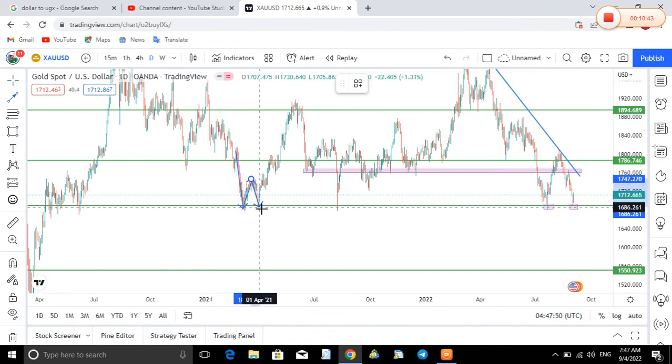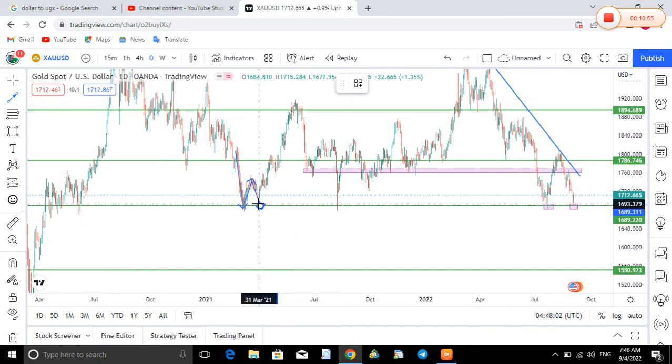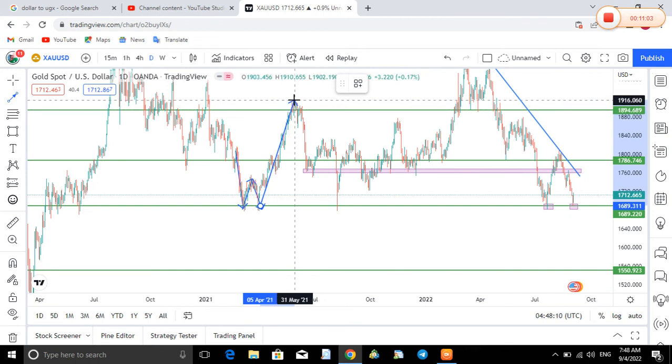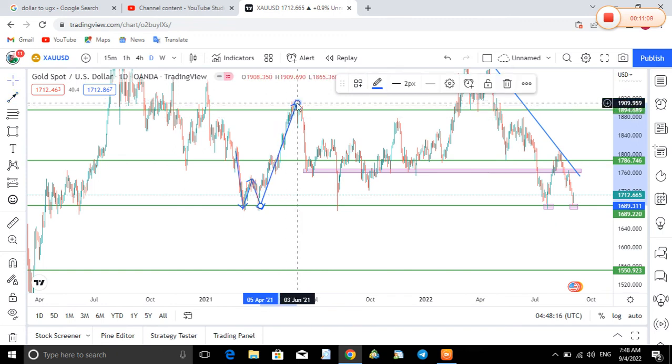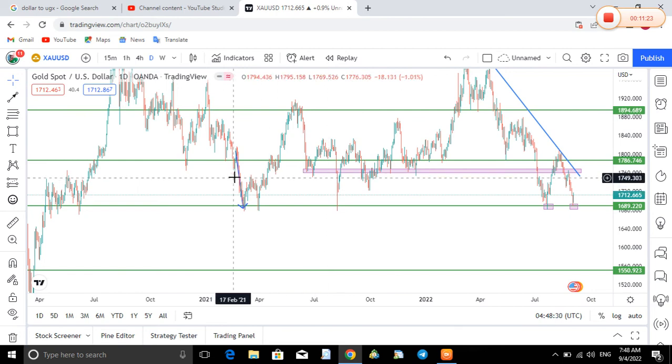So this was our double bottom, but you can see after the price respected this level, it shot all the way from this particular level, which is 1694.396, up to the level of 1806.060. Now this is over 1500 pips. But we live in price action, so the market keeps on repeating itself. Now we're experiencing the same pattern and the same major market key level at the same time.